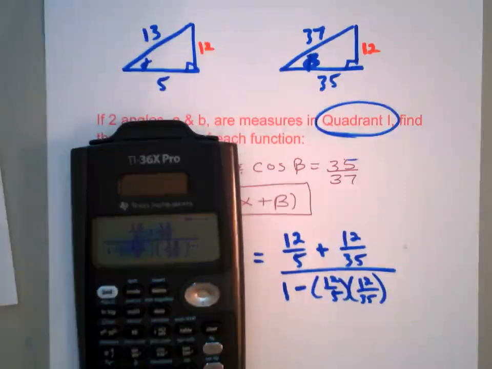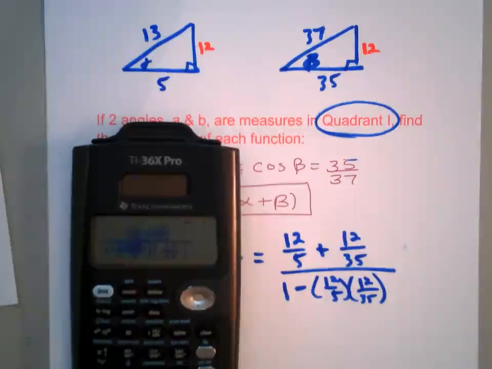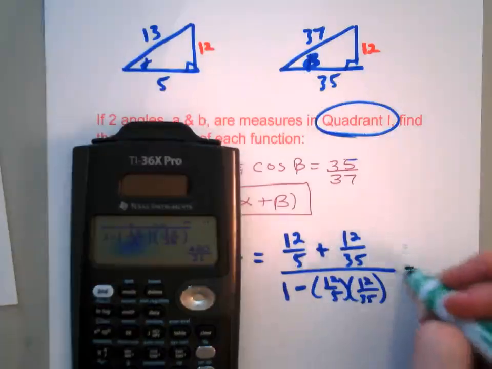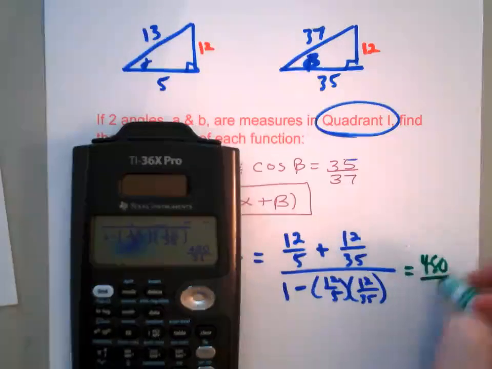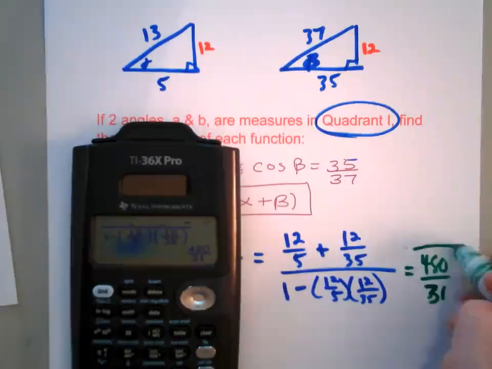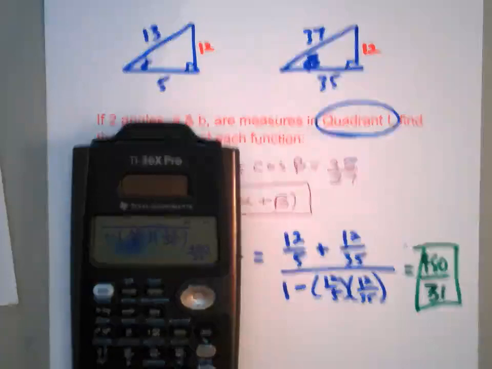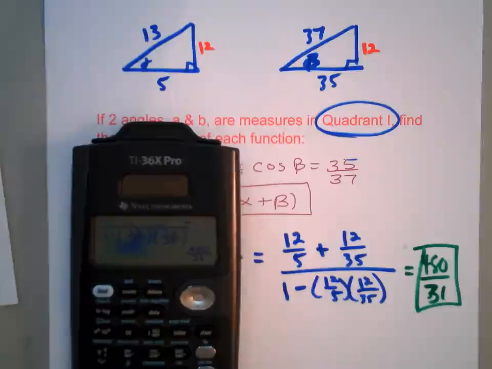Okay, so that looks like what I've got written down. Maybe a little bit blurry on the screen, but is exactly what I wrote down. Hit enter. Boom, gave me a fraction. Sweet. So our answer is 480 over 31. And that's going to do it.